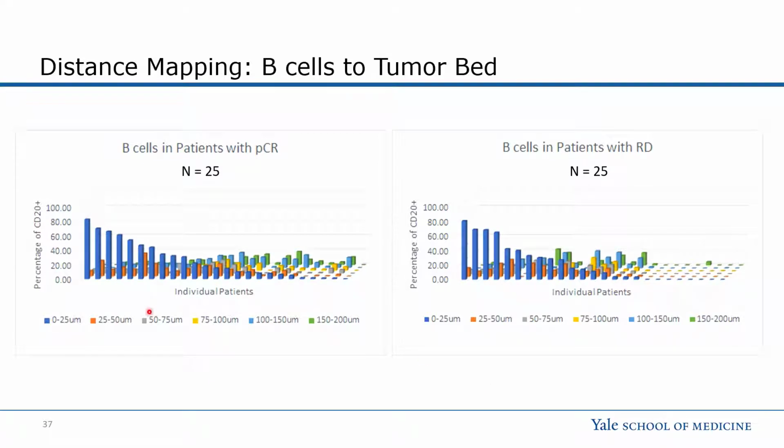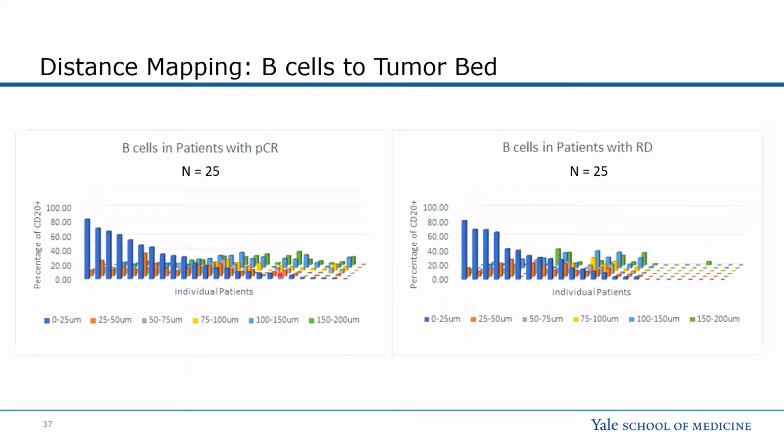So on the x-axis, we show individual patients. And on the y-axis, this is the percentage of CD20 positive cells. The rows represent the ranges from 0 to 25 up to the last row, which is 150 to 200 microns.